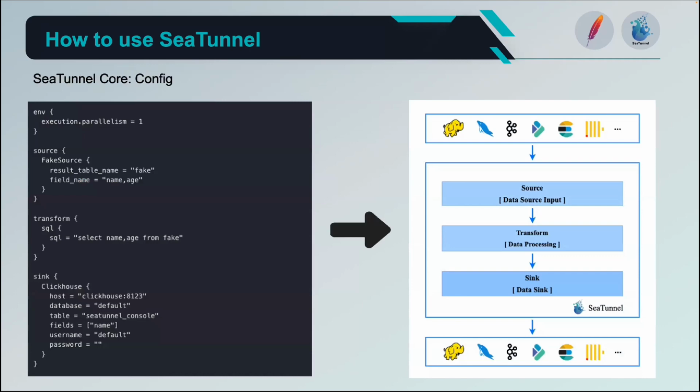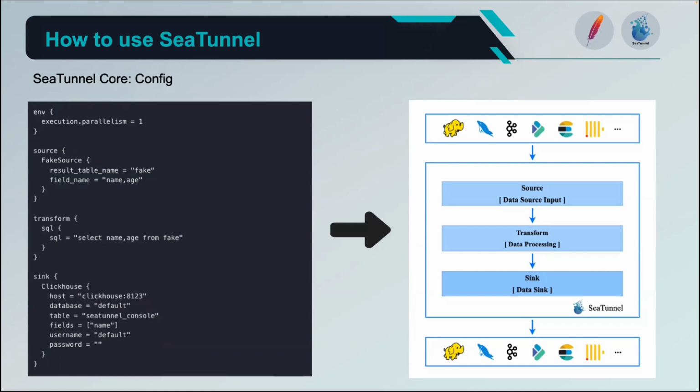From the process just now, you should know that our config file is very important. It defines the operation mode and the operation logic of our task. Let's take a look at this config, which consists of environment, source, transform, and sink.